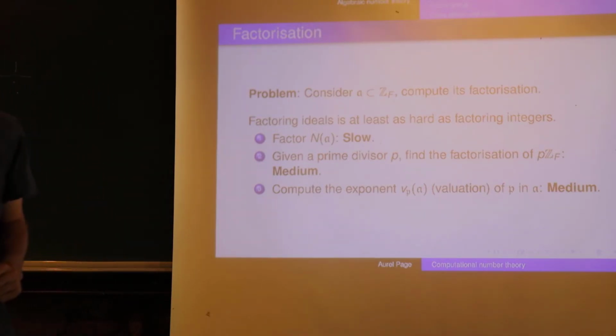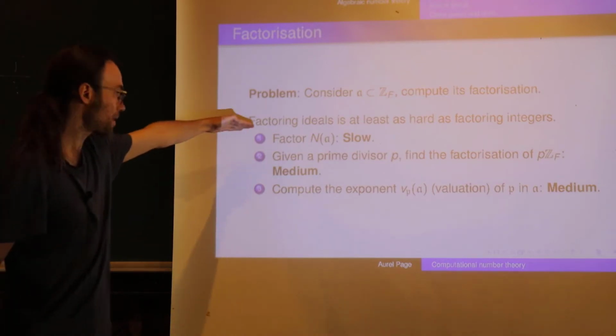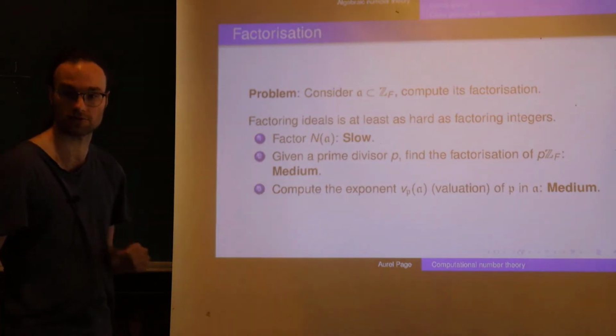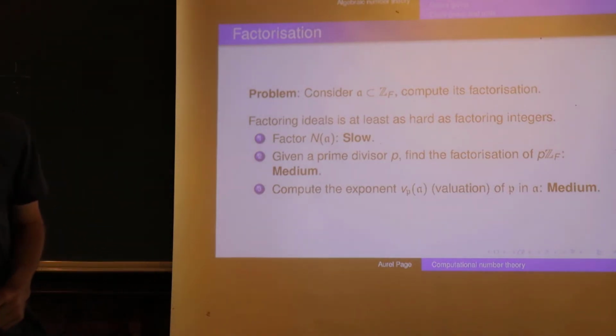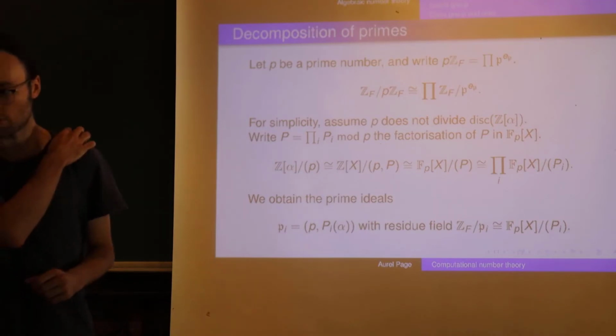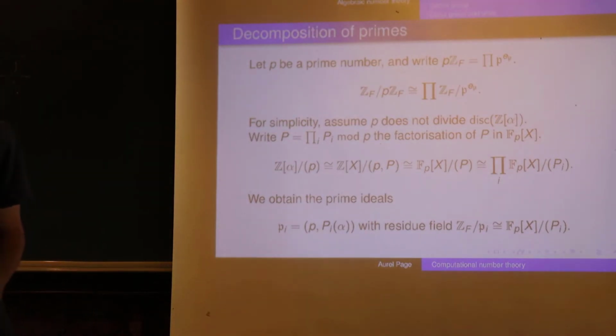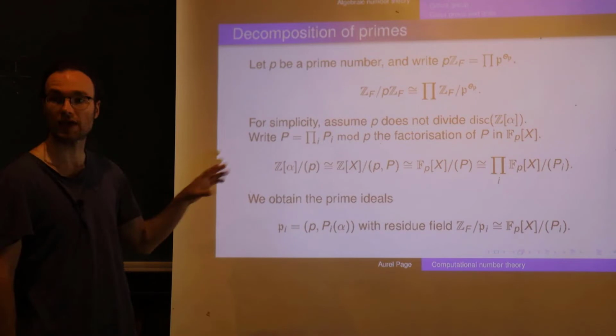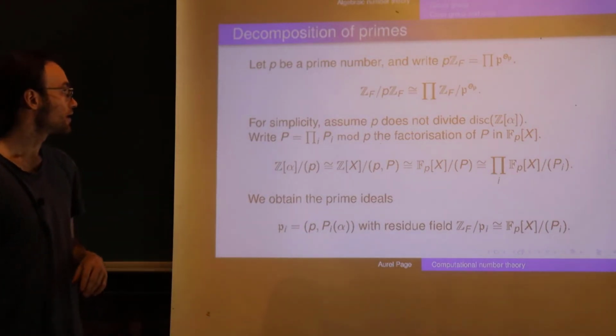Okay, so this first step, I'm not going to comment more. I'm going to talk about how to perform the next 2 steps. So how do we decompose primes into products of prime ideals? I'm just going to describe a special case that gives the main idea.